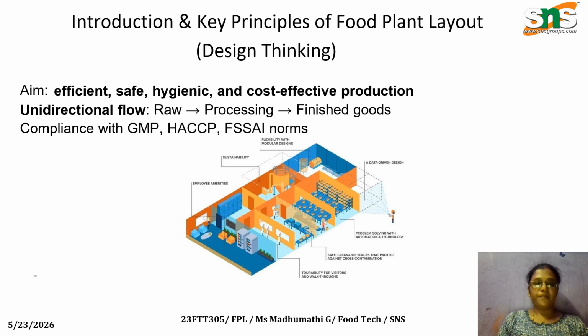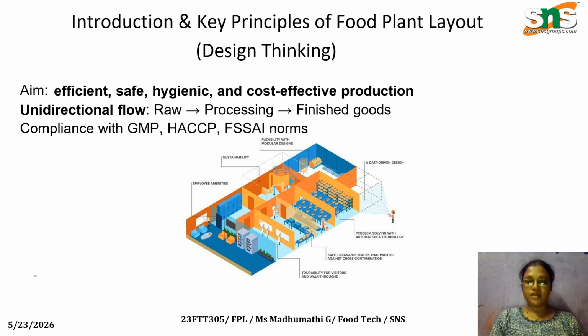The first one, our main aim is to create an efficient, safe, hygienic and cost-effective production. For that we can have a unidirectional flow in any food processing company, and unidirectional flow in the sense it can be raw processing, then at last we'll get the finished goods.